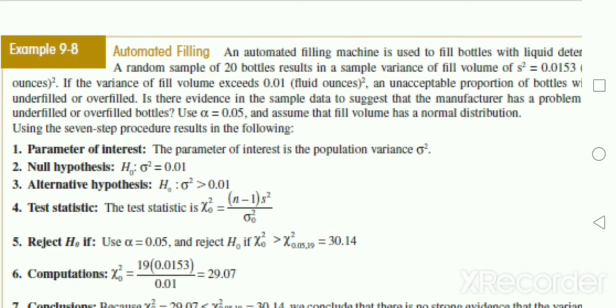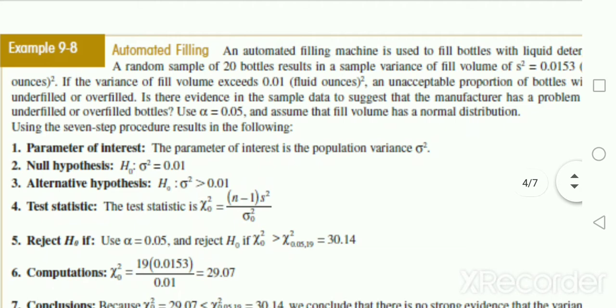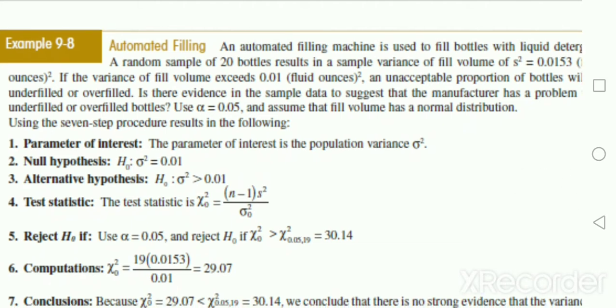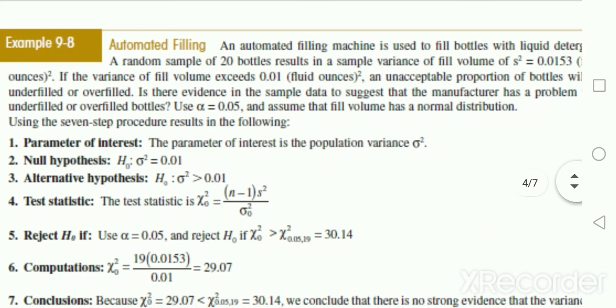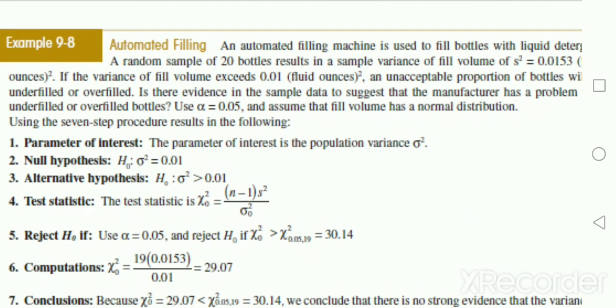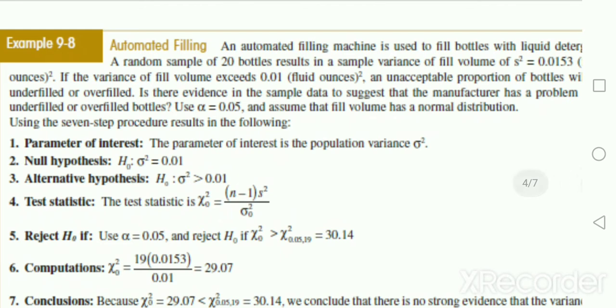In step 1, the parameter of interest is the population variance sigma squared, because the question is whether there is evidence in the sample data that the manufacturer has a problem with underfilled or overfilled bottles.